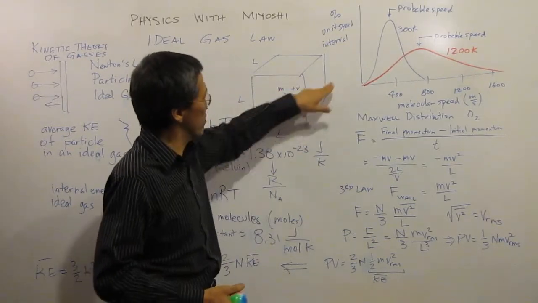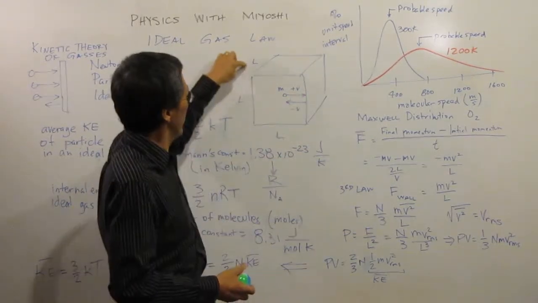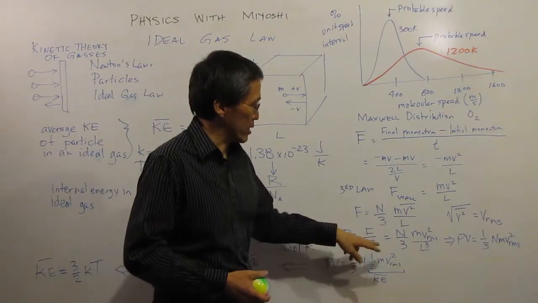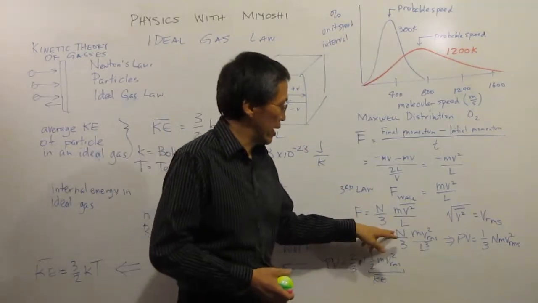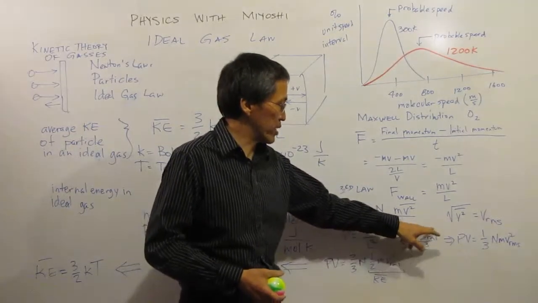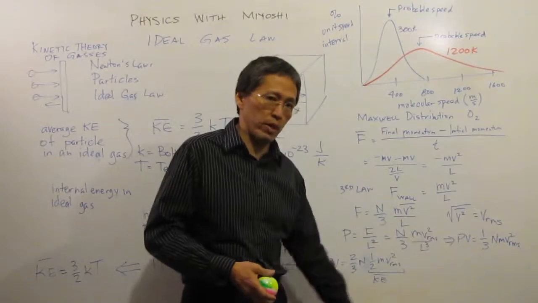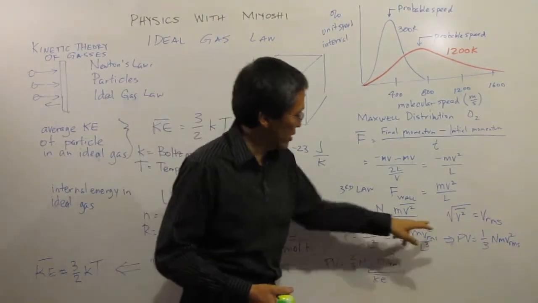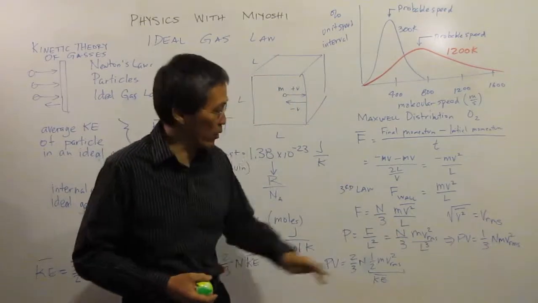The area of this side of the box is L times L, so now we have the force divided by L squared. That's our pressure, N over 3 times m VRMS squared, divided by L cubed. L squared times L gives us L cubed.